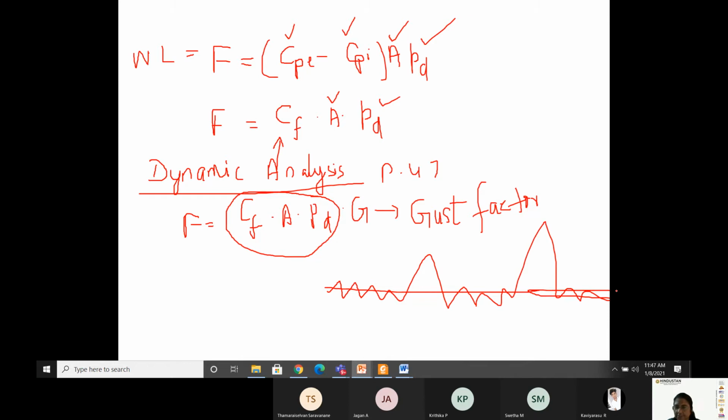Which is the instrument that measures the wind velocity? It is called an anemometer. Please note it down. The anemometer is an instrument which measures the wind velocity.